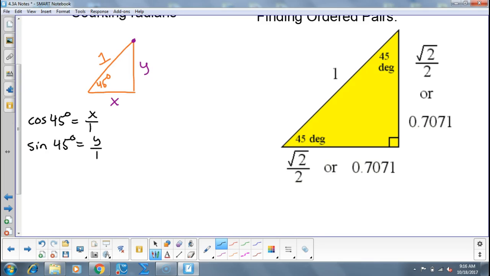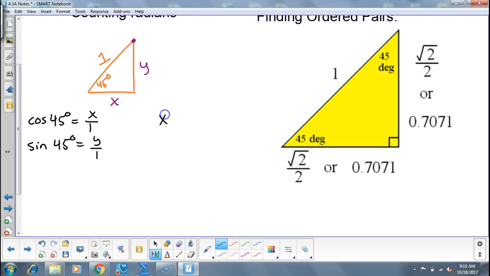Or do I have 2 unknowns? Why are x and y the same? Because it's a 45, 45, 90 triangle, so that's an isosceles right triangle. Therefore, x and y are actually the same here.